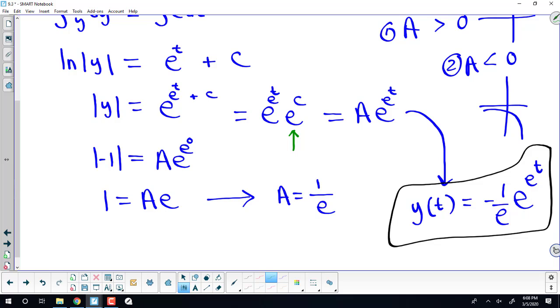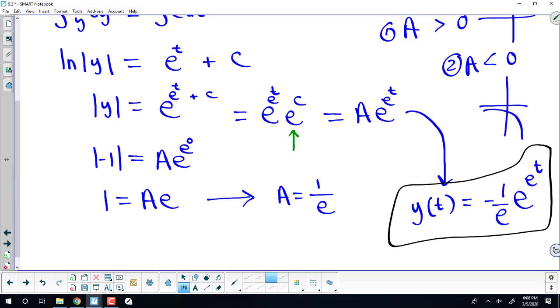But the issue then is, if e to any constant is always positive, and we write it as this a, where a could be either positive or negative, how can we justify that? We're justifying it because it's based on the initial condition. That constant would have to be negative for that function to output negative values.